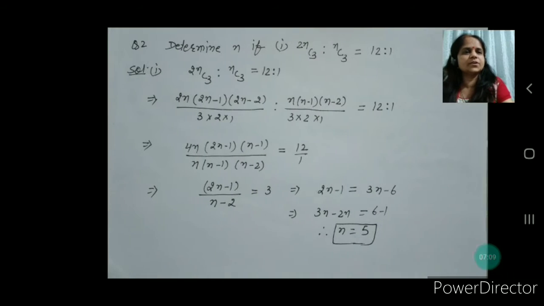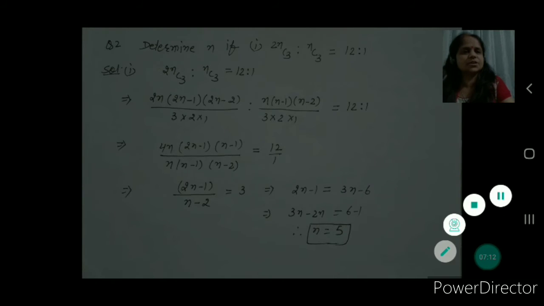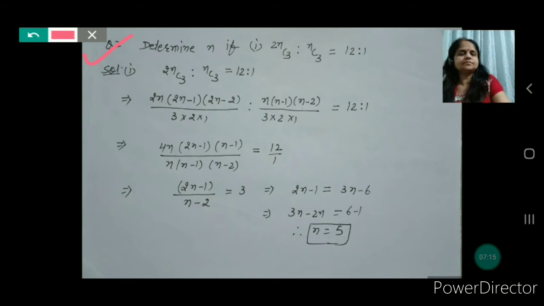Now move to the next question. Question number 2. Determine n if 2nC3 ratio nC3 is equal to 12 ratio 1. Okay students, so first apply the formula for 2nC3. It means 2n times (2n minus 1) times (2n minus 2), backward up to 3 terms, and in the denominator it is 3 into 2 into 1.